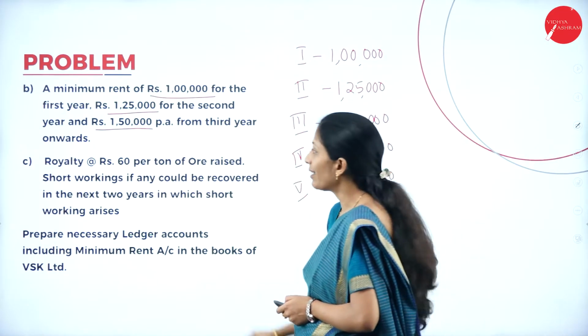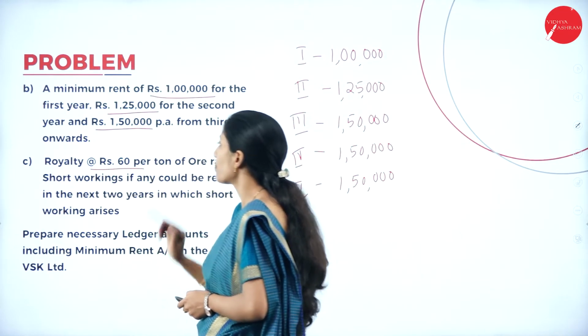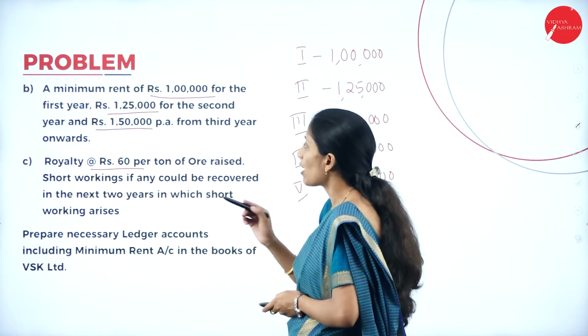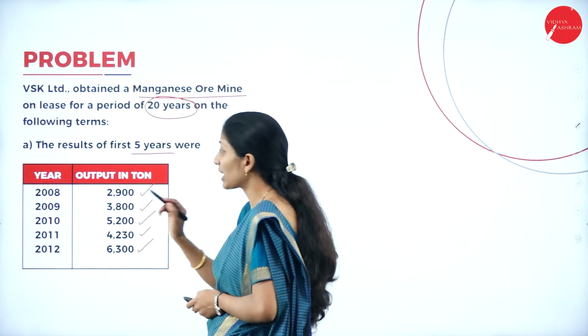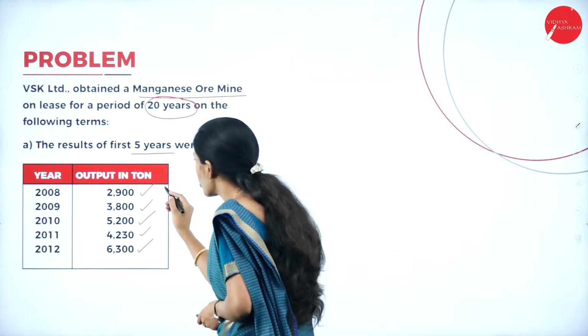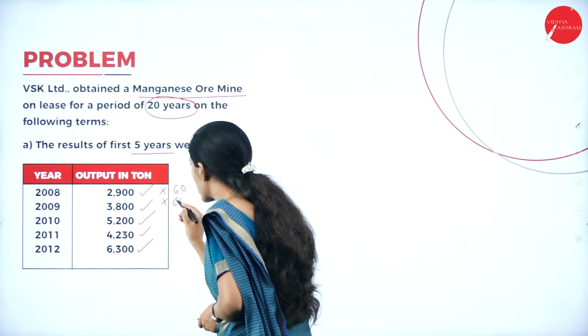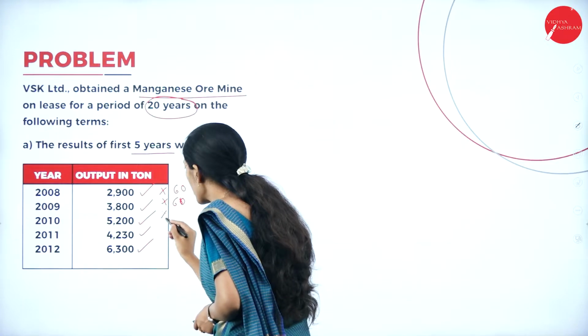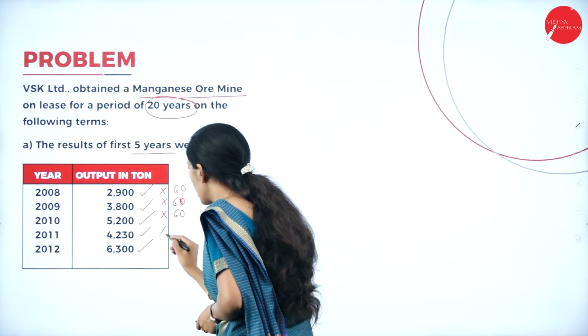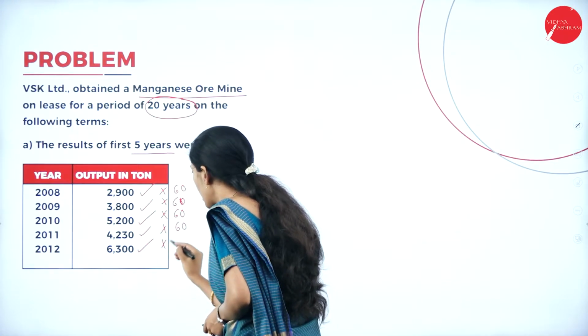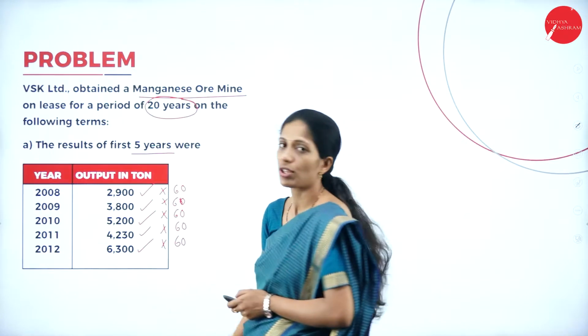Next, what they have given? Royalty at rupees 60 per ton. Now, what is the output they have produced? 2,900 in 2008. So, each year, so we have to multiply with 60. In the sense, 60 per ton. Okay, so into 60 and 6,300 into 60.